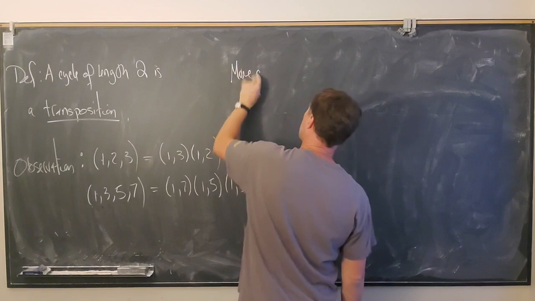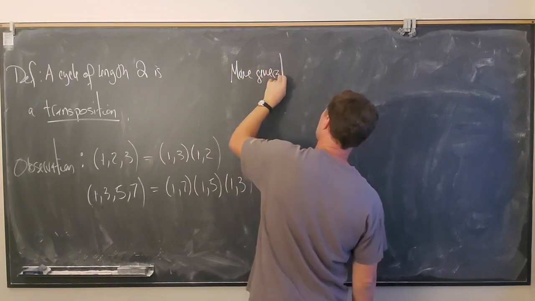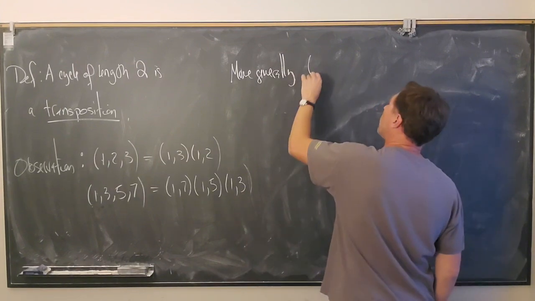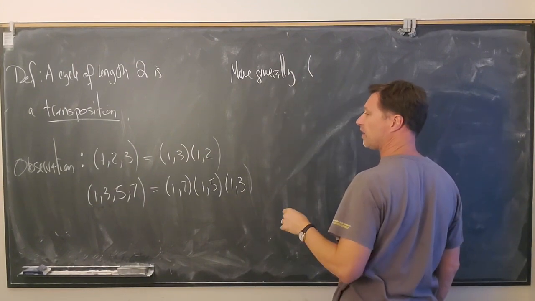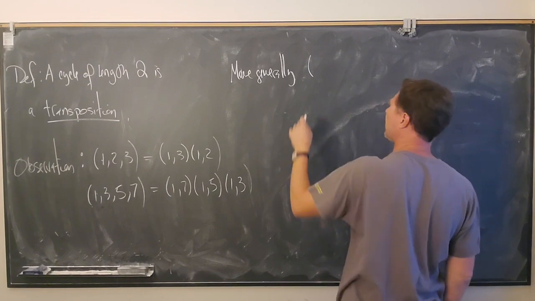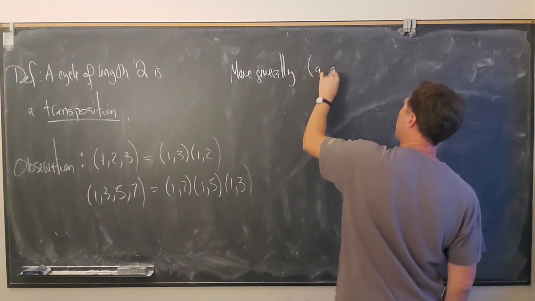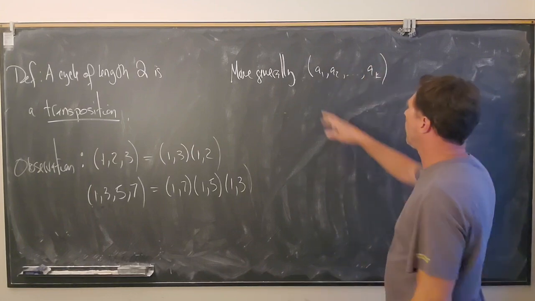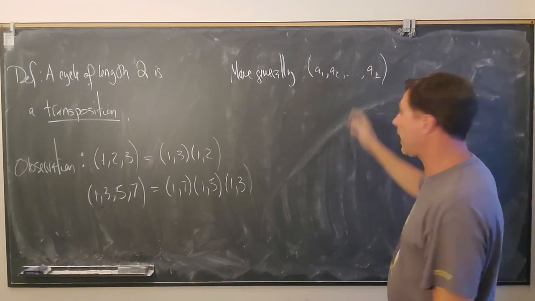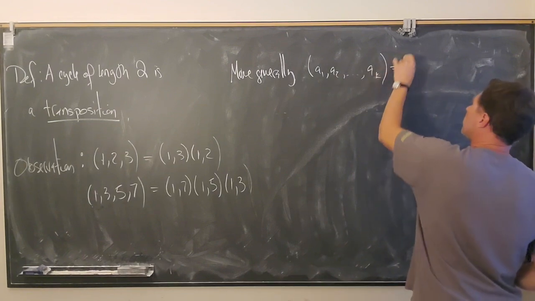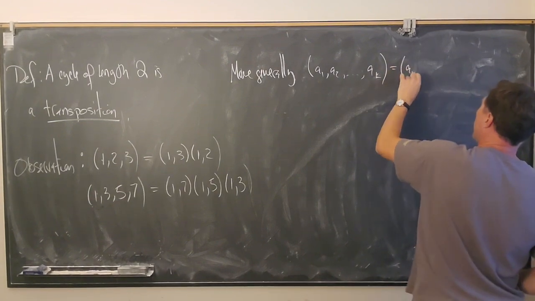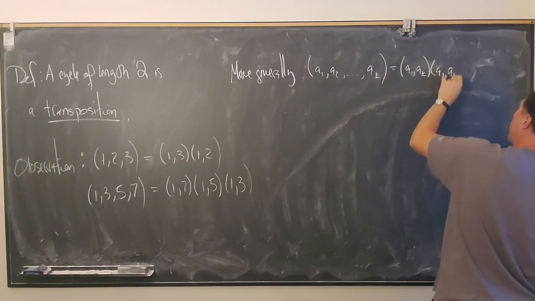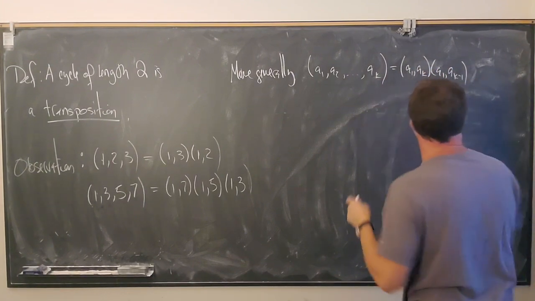So let's say more generally, the formula goes like this. We would have A1, A2, up through A sub k, where these are just numbers between 1 and n, is equal to A1 comma Ak, A1 comma Ak minus 1, and you work your way backwards.